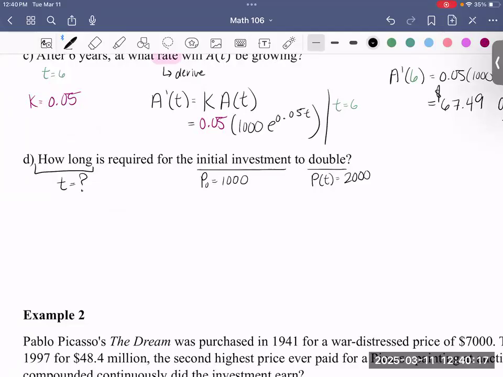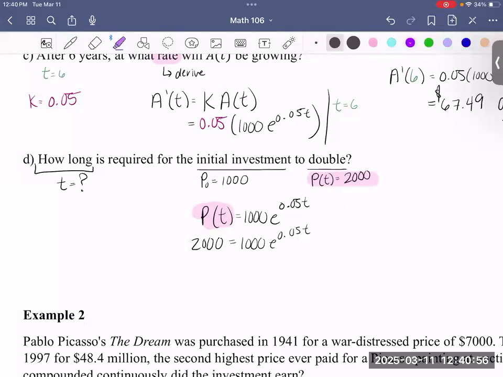So if we know that P(t) is equal to 1,000 e^(0.05t), that these are equivalent structures, we can just put it over here and then use your skills from chapter 4 to solve for t.